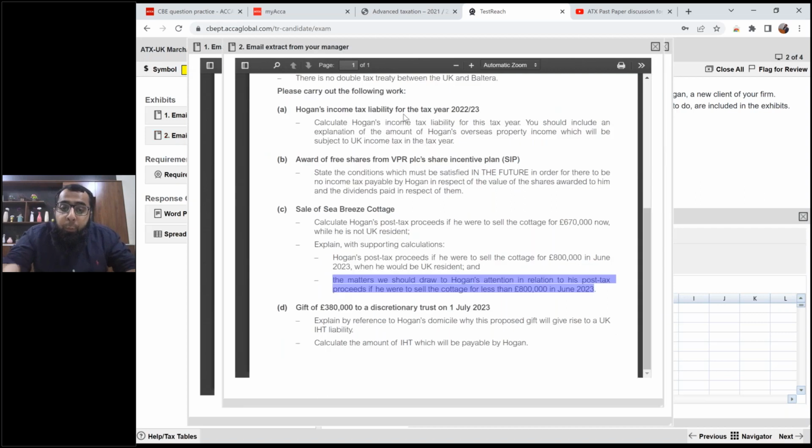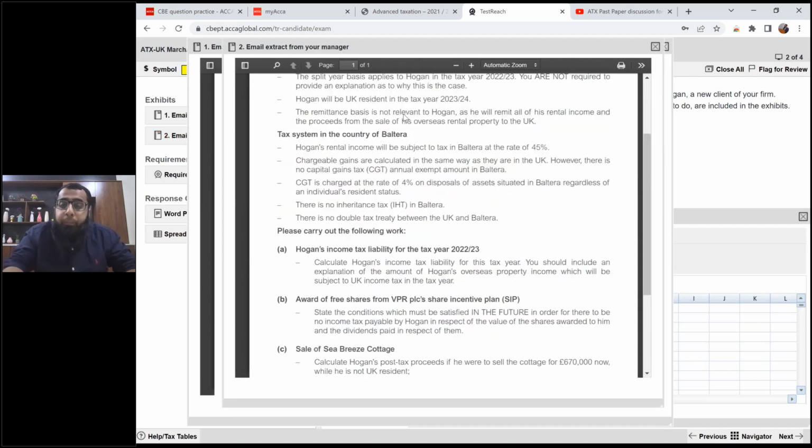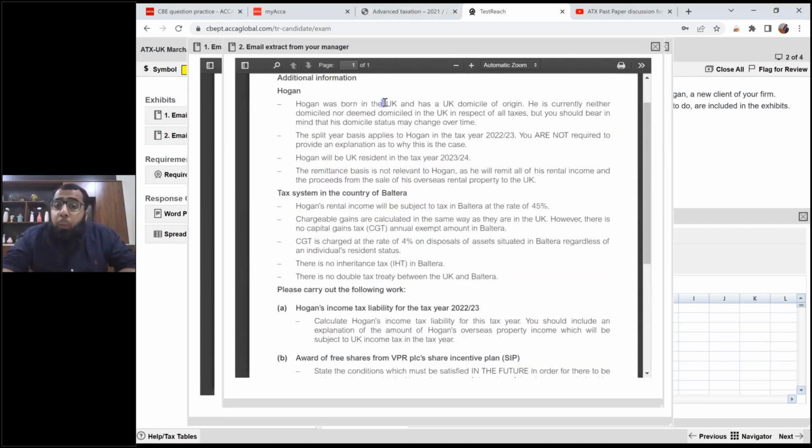Now let's go and read some detail which is given here. Hogan was born in the UK and has a UK domicile of origin. He is currently neither domiciled nor deemed domiciled in the UK in respect of all taxes. But you should bear in mind that domicile status may change over time.